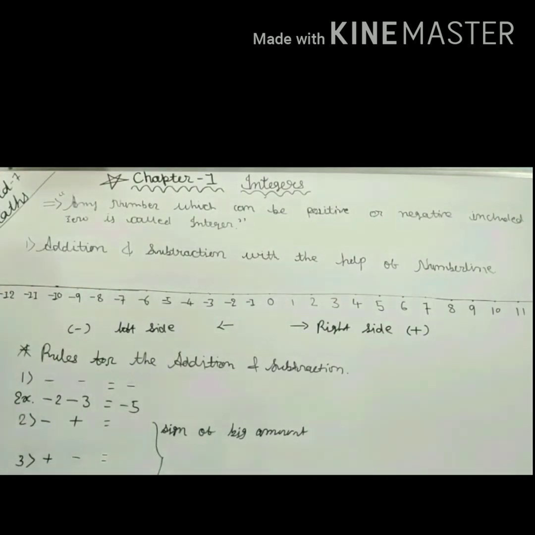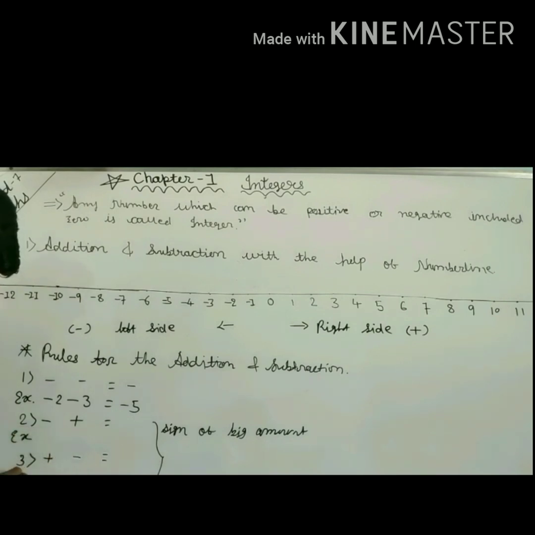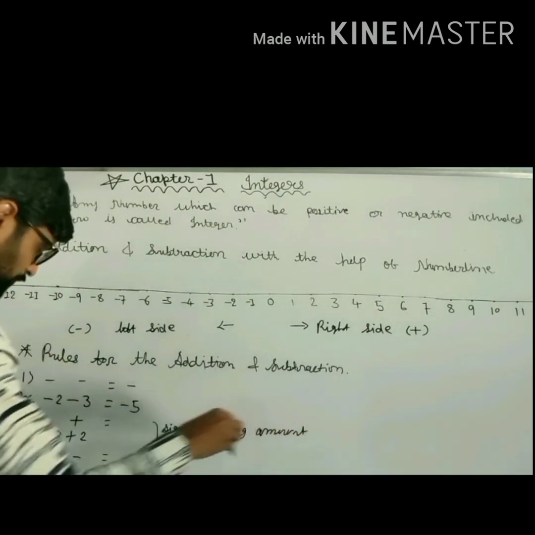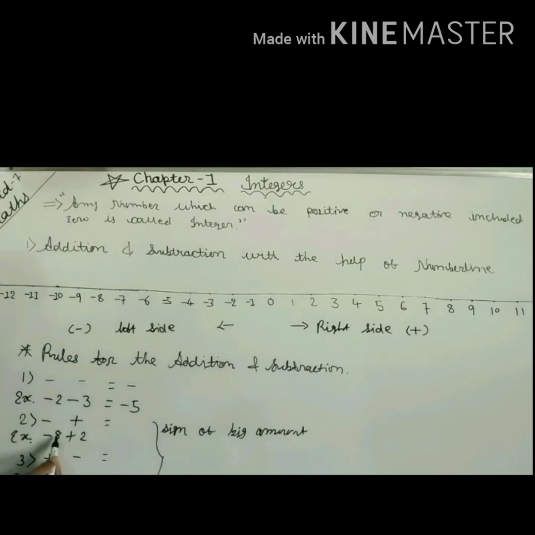Is that clear? With the help of an example we can understand better. Here first of all -8 plus 2. The sign is that of the bigger amount. See here 8 is bigger, which sign does it have? Minus. You have to put minus here.